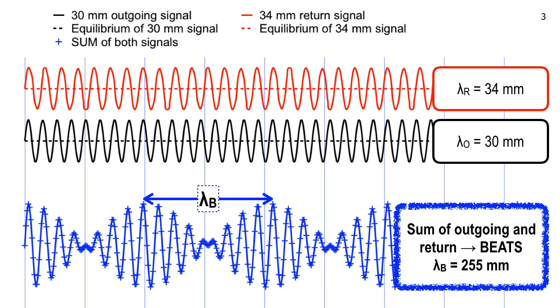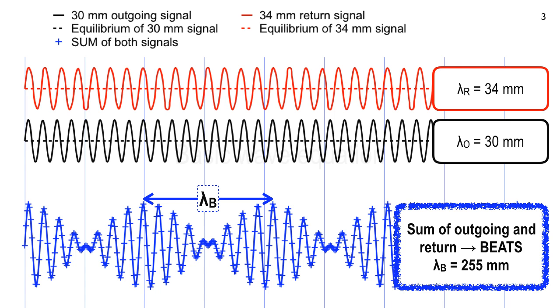So these beats, now one thing I want to mention to you, is that these are snapshots in time. The wave itself, each wave train, is moving either to the left or to the right. So those beats are moving to the left or to the right, and they move at a specific speed.